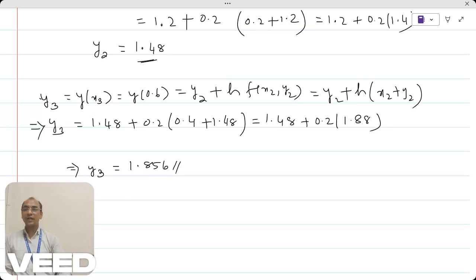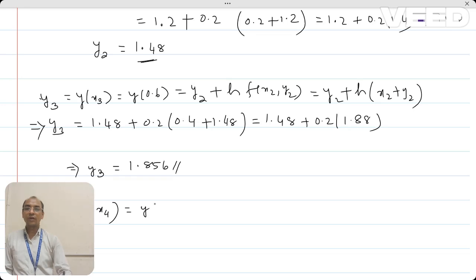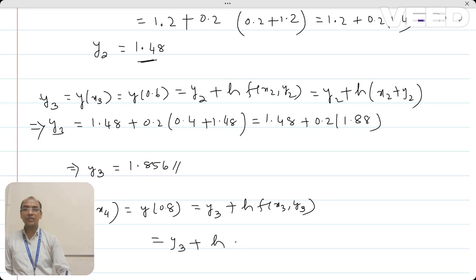If you simplify it, you will get the value of y3 as 1.856. And then go for y4. y4 means the value of y at x4, but x4 is nothing but 0.8. Now since it is y4, the algorithm is y3 plus h f of x3, y3, which means x3 plus y3.